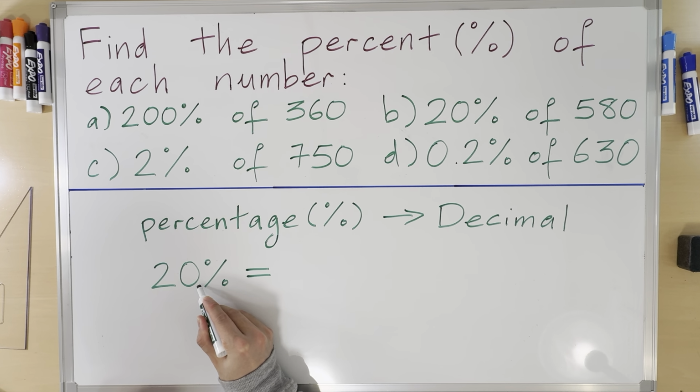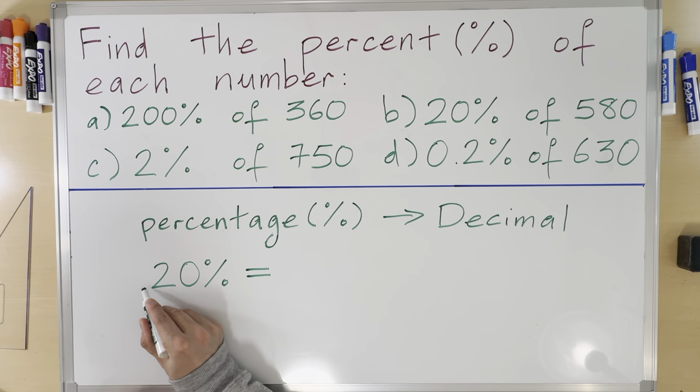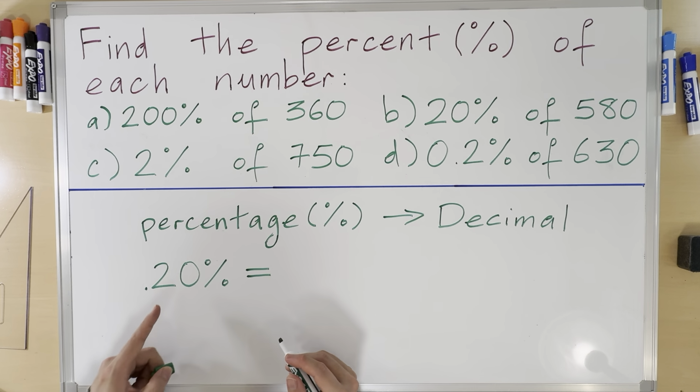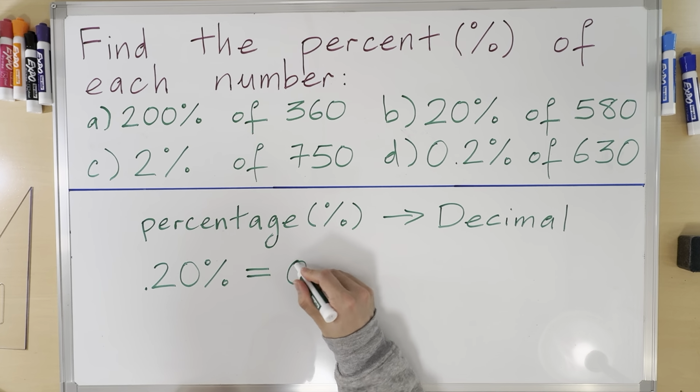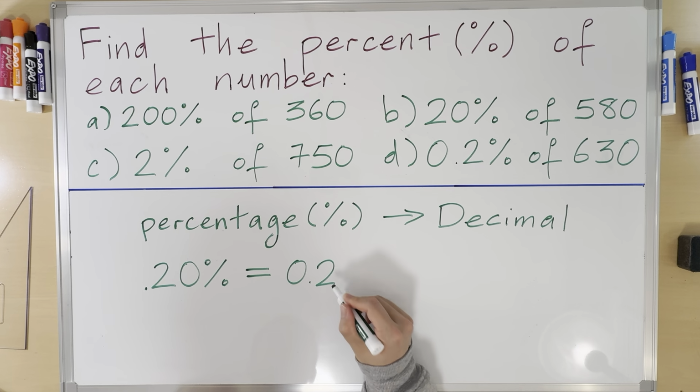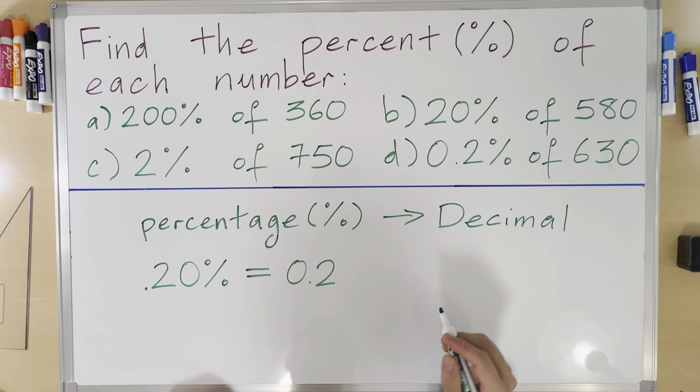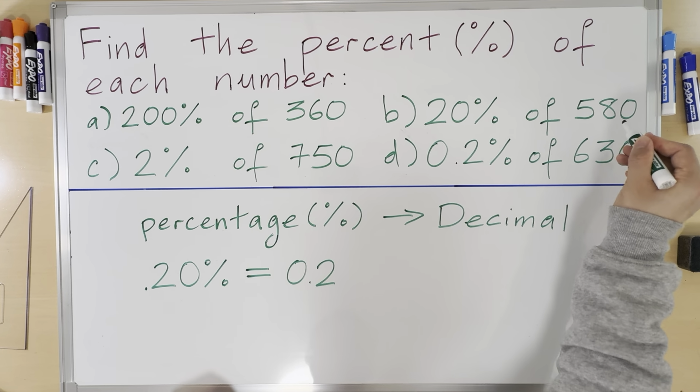And so therefore, starting right here, 1, 2, the location of the new decimal is right here. This means that 20% is equal to 0.2.